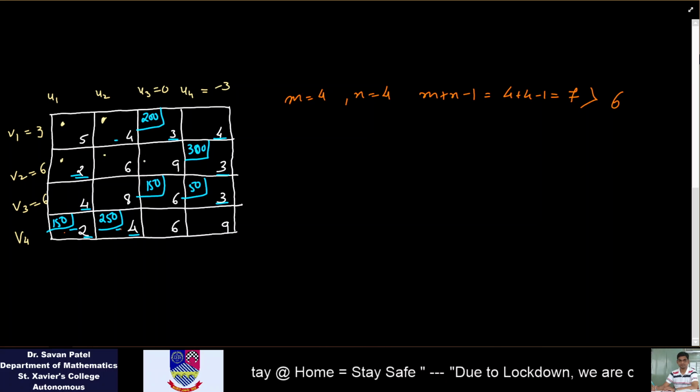If I think of this point, then from here, and there is no way to come back. For this point, from here to here, and there is no way to come back. From here also there is no way to come back. But if I think of this point, then I go from here to here, and come back. So that is possible. So we will not go for this point.